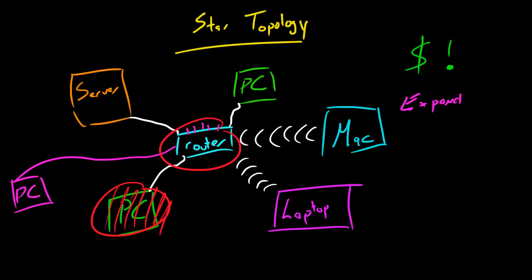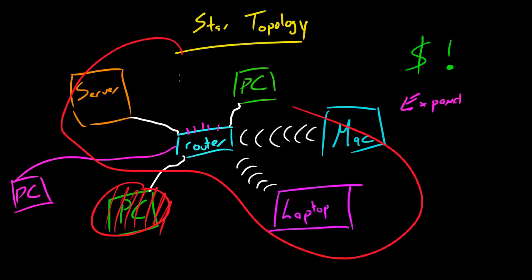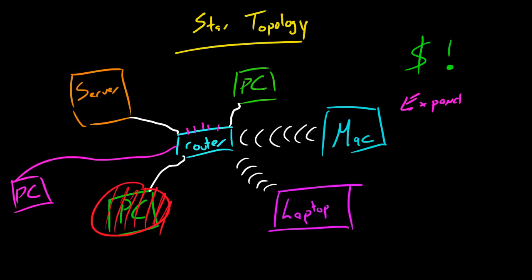It doesn't affect the router, it doesn't affect your server or anyone else's PC. And that's why not only is it easy to fix, but it's also easy to identify. And unlike before, where this was a crucial part of the network, this can go down. You can even sell it or remove it completely, and the rest of your network is going to work just fine.